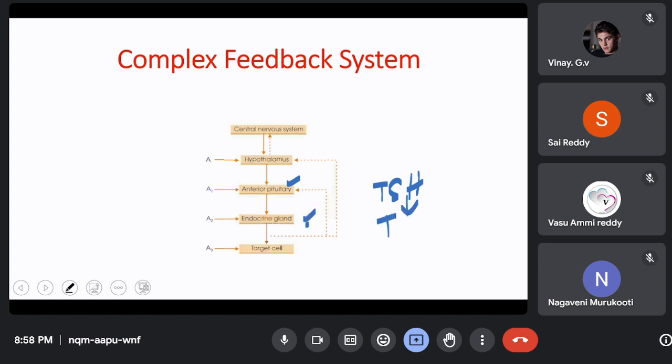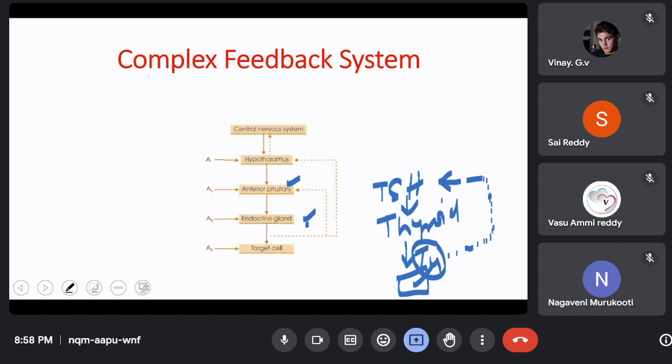So TSH stimulates thyroid. Okay. So this thyroid gland produces a hormone that stimulates the target cell. So this hormone is said to be T4 thyroxine, and whenever this thyroxine level increases, it may act upon thyroid stimulating hormone, so that thyroxine secretion is said to be stopped.